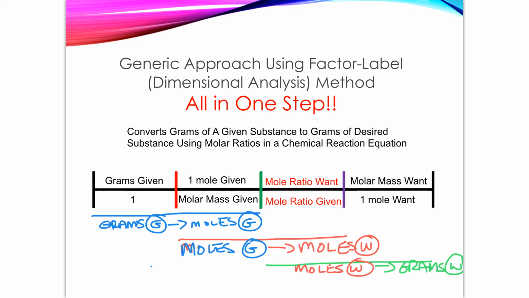Every gram-to-gram problem is done exactly the same way. The numbers here obviously will change, but the process and the setup are exactly the same. There's no other way to do it. So if you can memorize or understand that this is the same for every mass-to-mass stoichiometry problem in chemistry, you're golden.